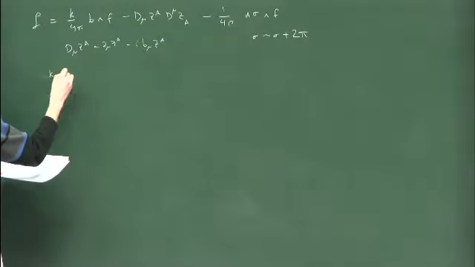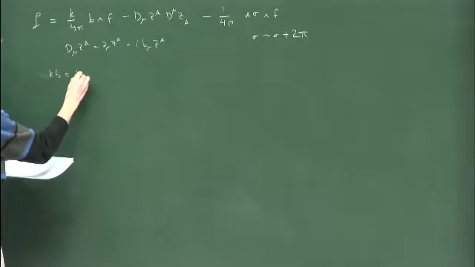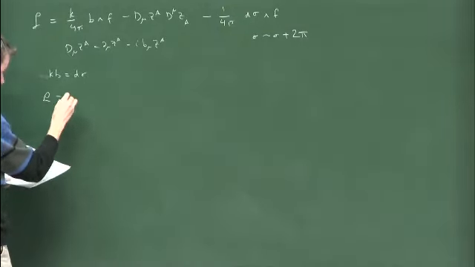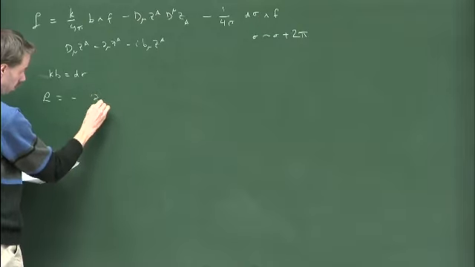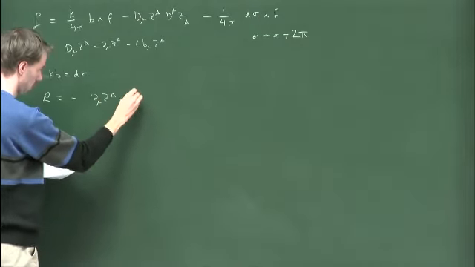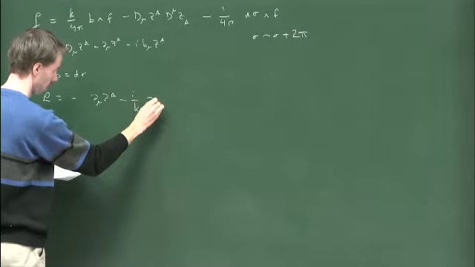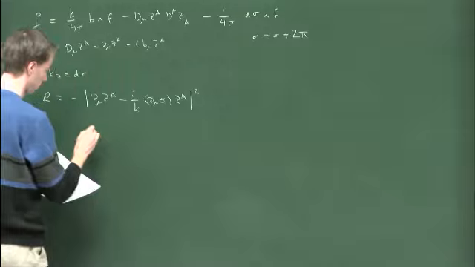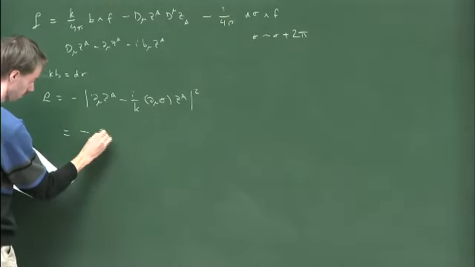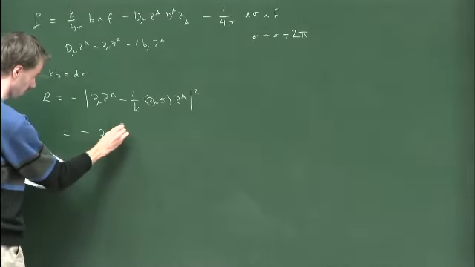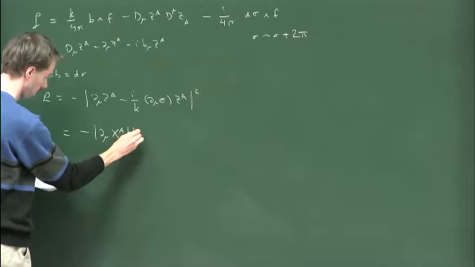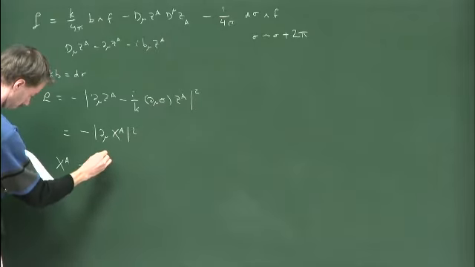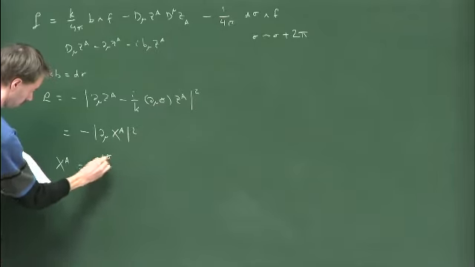Then if one integrates out F, one gets kB equal to dσ. And the Lagrangian becomes this. One can rewrite this as Dμ X^A, where I define X^A as exponent minus iσ divided by k.